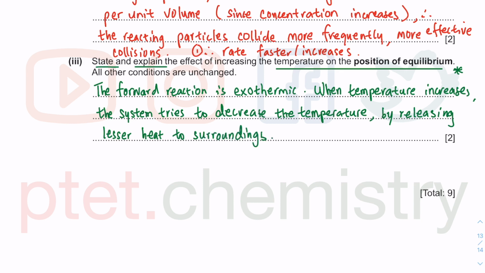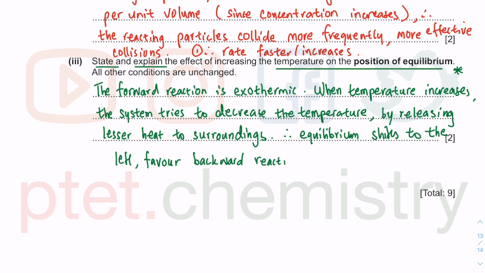If we release lesser heat to the surroundings, therefore the equilibrium will shift to the backward side, to the left-hand side. So equilibrium shifts to the left and will favor the backward reaction. They haven't asked you on the yield, but if they do, then you can state that there will be lesser yield of product because it favors the backward reaction. Equilibrium shifts to the left, that is the position of equilibrium.